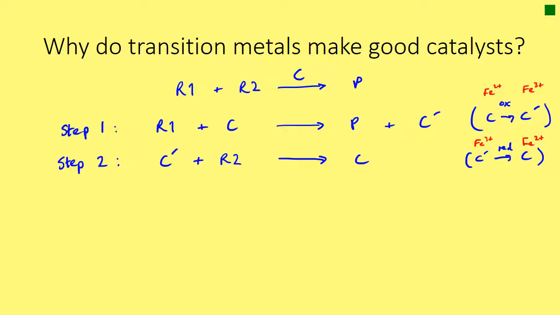That's an example of what could happen. But let's look at a real example. Let's look at the contact process. Very important industrial process used in the manufacture of sulfuric acid.